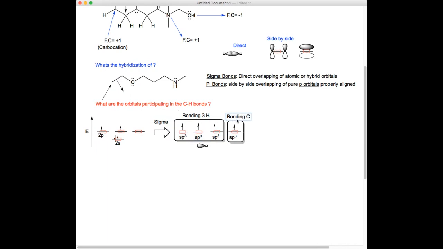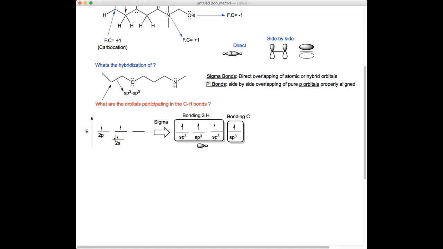And the fourth is going to be an sp3 hybrid orbital bonding to this carbon here. So this is a sigma sp3 sp3, which basically means that the sigma bond is the result of the side-by-side overlapping of an sp3 orbital from this carbon and an sp3 orbital of this carbon here.